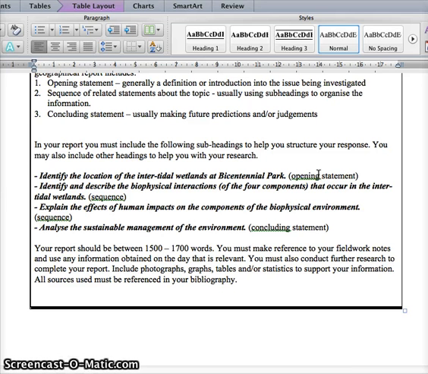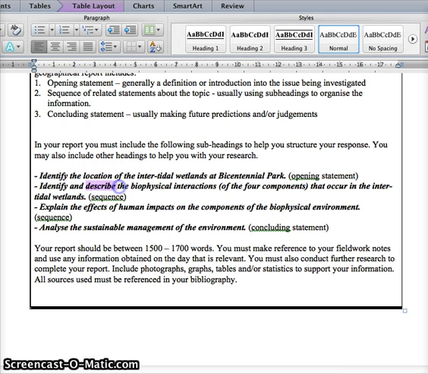What I also want you to understand is what these key terms mean. So identify is basically sketch in general terms. So don't spend too much of your word count in these sections here. Your opening statement should be roughly around 200 words, no more than that. So for you to identify and describe, it requires you to do a little bit more.